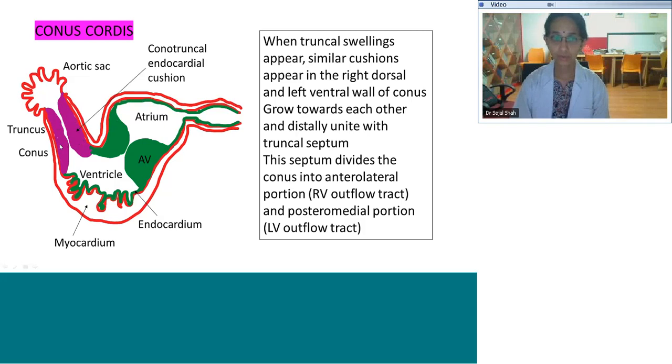This septum is going to divide the conus into two parts: the anterolateral portion, which is the right ventricular outflow tract, and the posteromedial portion, which is the left ventricular outflow tract. So this conus has the conal septum, which postnatally we see as the outlet septum. So this is the conus septum, which separates the right and the left ventricular outflow tracts.